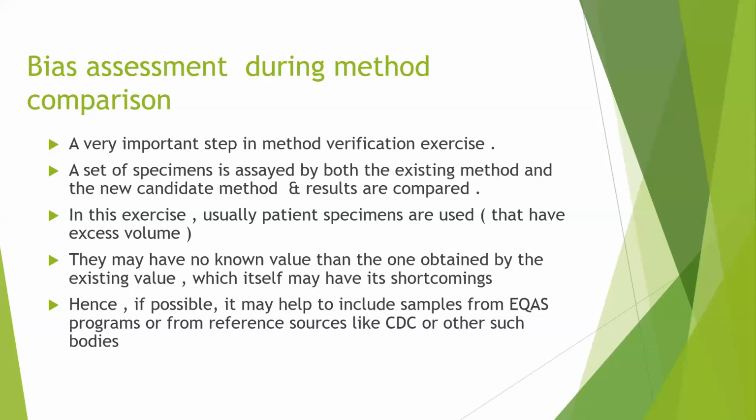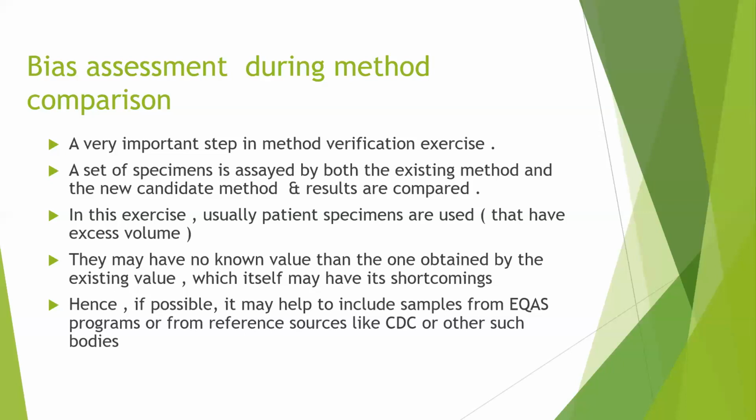In this exercise, we usually use patient samples which have surplus volume. We have run them on one method and there is enough volume for the other method. Now, patient samples don't have any pre-established value, right? You have run them on the existing instrument in your laboratory, so that is the assigned value, but you do not know if that instrument may have its own errors in the backend. So this itself may have its shortcomings.